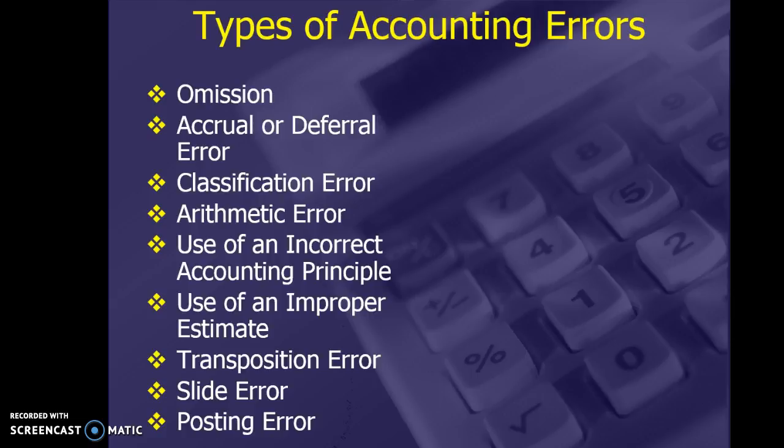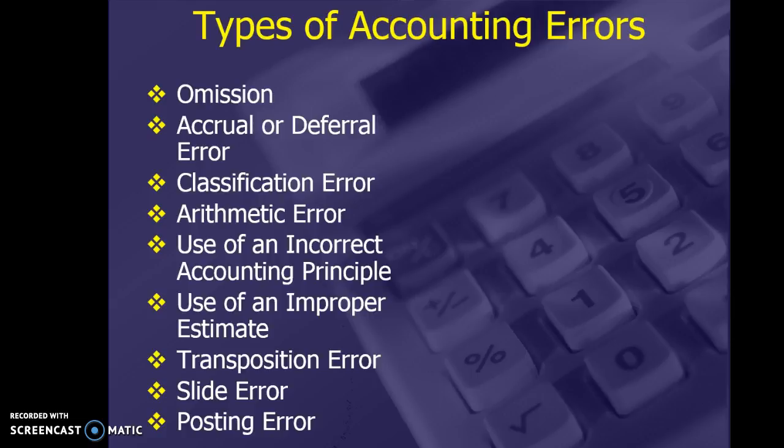Next is use of an incorrect accounting principle. This is pretty important, and the more experience you have under your belt, the easier it is to prevent these kinds of errors. For instance, your workbook gives you the example of expensing a transaction when in fact it should have been capitalized.